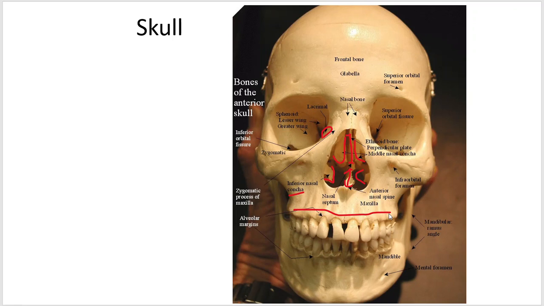Can't see the processes yet, so we'll just call it the maxilla. The other parts of it I'll show you when we get to it. This part down here is called the mandible, and I'm not sure where that is on our list. I'm having to look for all this stuff because they've got it scattered.